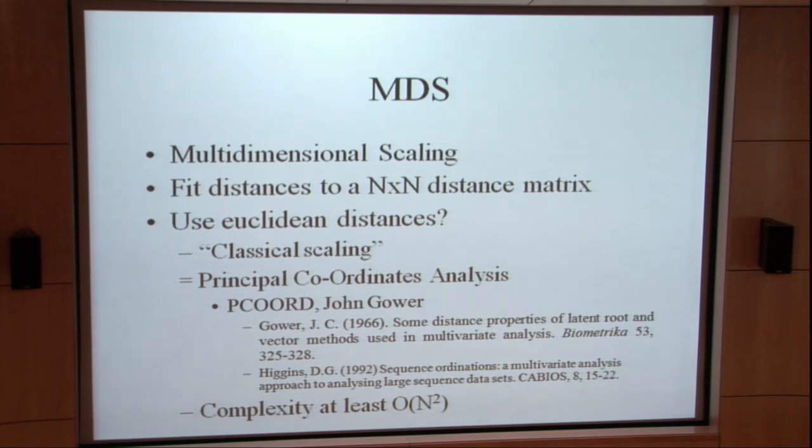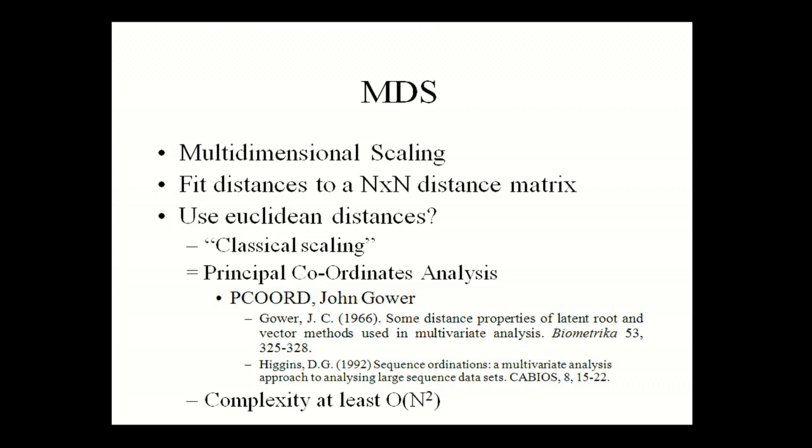Another way to do this is you could use real evolutionary distances. Compare your sequences using, from a computer science point of view, proper edit distances, or from an evolutionary point of view, evolutionary distances. You make your distance matrix, and you try to find a low-dimensional projection that fits the distance matrix according to minimizing stress.